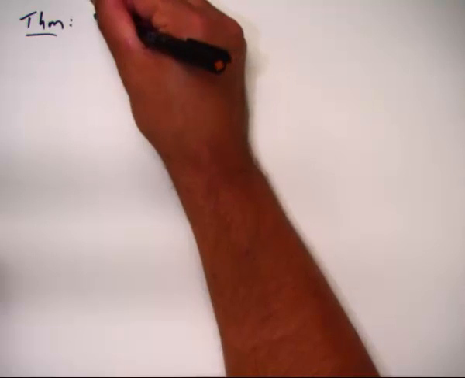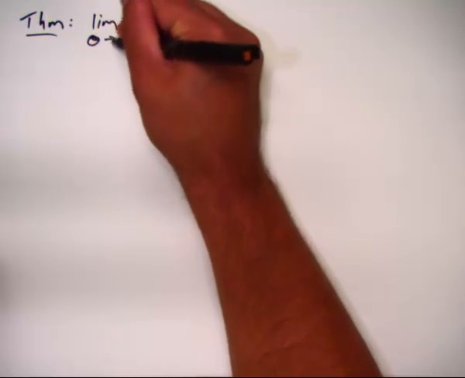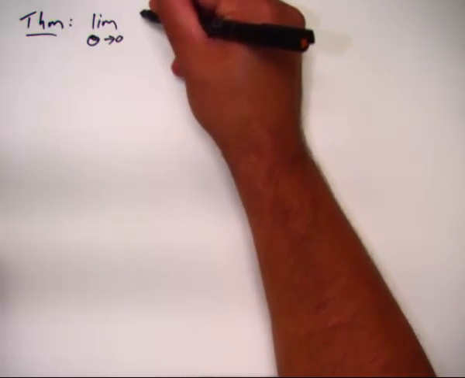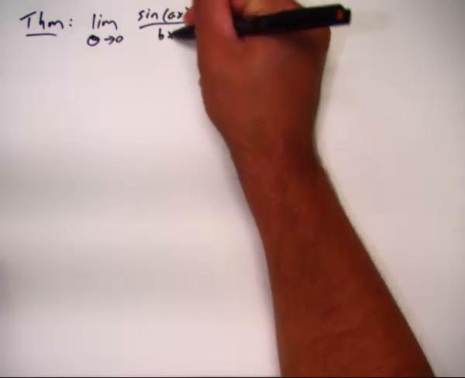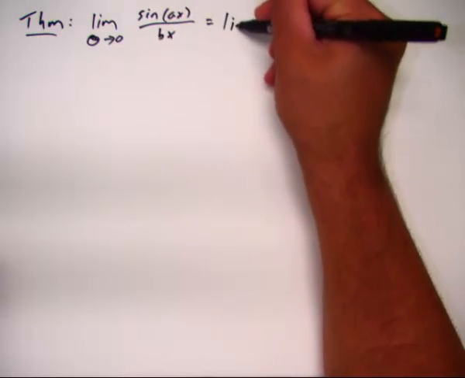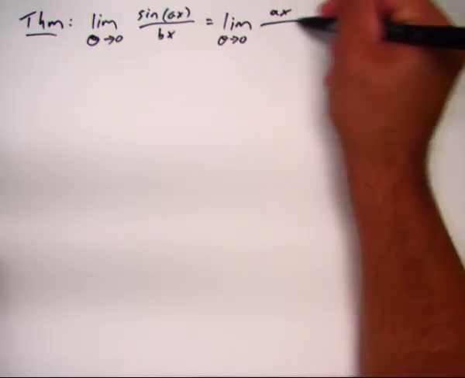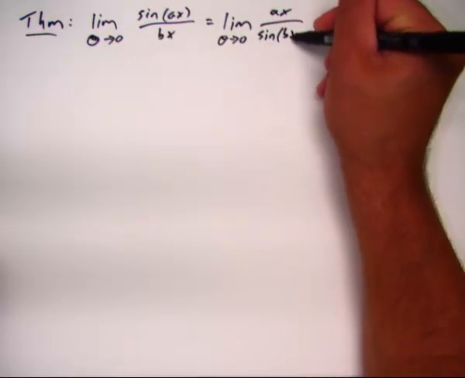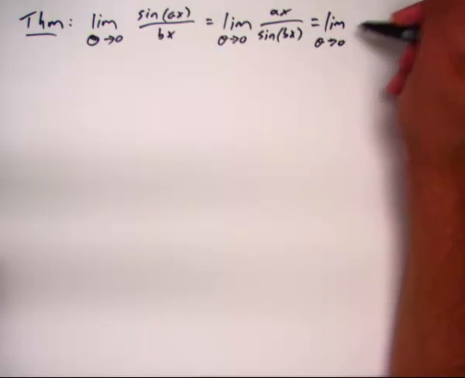The theorem says the following. The limit as theta goes to 0 of sine of ax over bx is equal to the limit as theta goes to 0 of ax over sine of bx is equal to the limit as theta goes to 0.